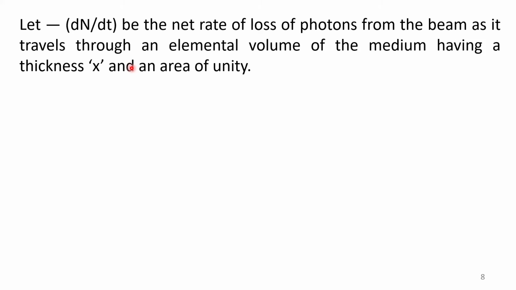Let minus dN by dt be the net rate of loss of photons from the beam as it travels through an element volume of the medium having thickness x and area of unity.